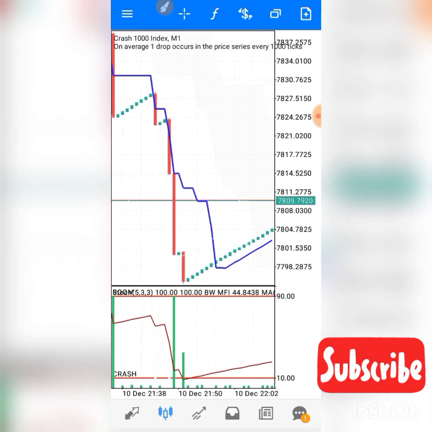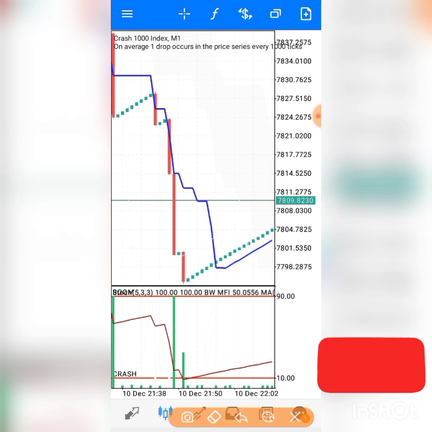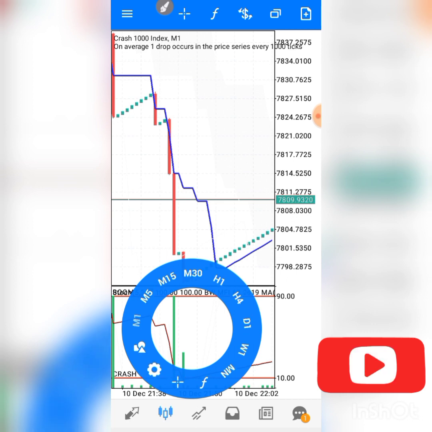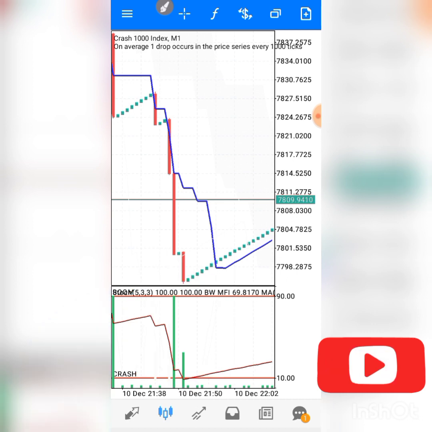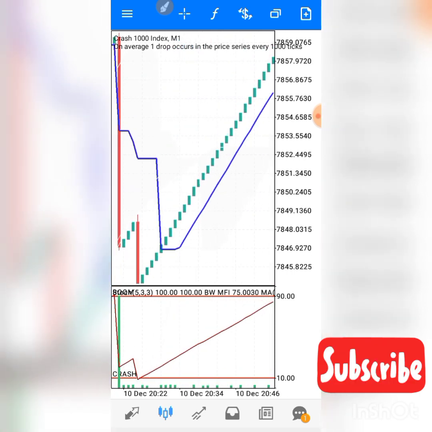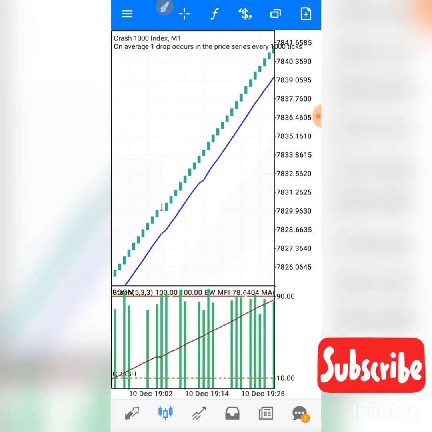So with crash, we are looking at when we see that the market facilitation index has touched the 90 and the moving average has come to the 10. See the crash, we are buying. So when you see the 2 meeting at a point, then you buy. You take a maximum of 4 candlesticks, you leave the market. Yes. So that's how we use the strategy in the crash.